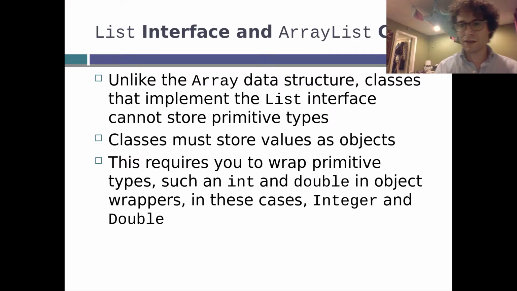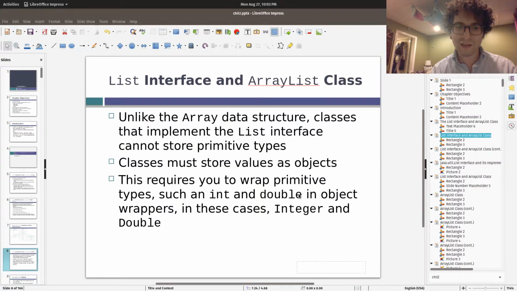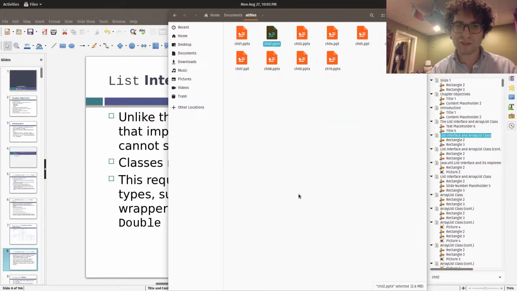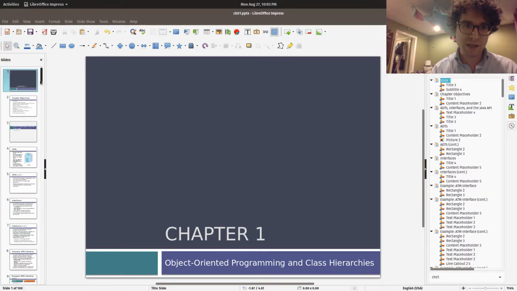Right? So here, in classes, you have to store values as objects. So we wrap primitives in the wrapper classes. And I believe it's tackled at the end of chapter 1. It just doesn't really make sense to bring up wrapper classes until this moment.